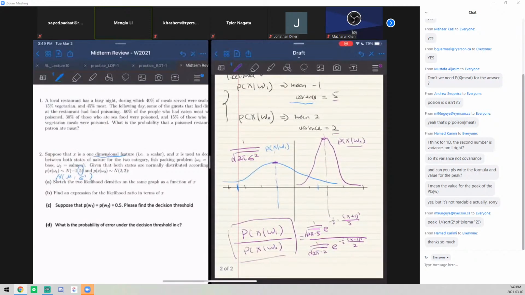For the likelihood ratio, it is this fraction. We write down the Gaussian formula for each one, and then we just do the calculation and simplify.